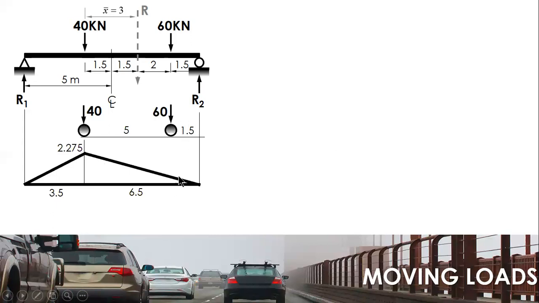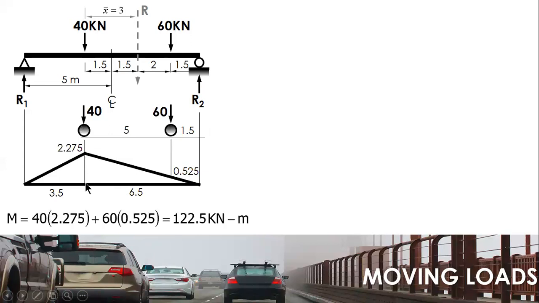Slope is rise over run, so to solve for y, it's slope times x. Slope times x gives y, which is 0.525. And the moment under 40 is equal to the magnitude of force times ordinate: 40 times 2.275, plus 60 times 0.525.